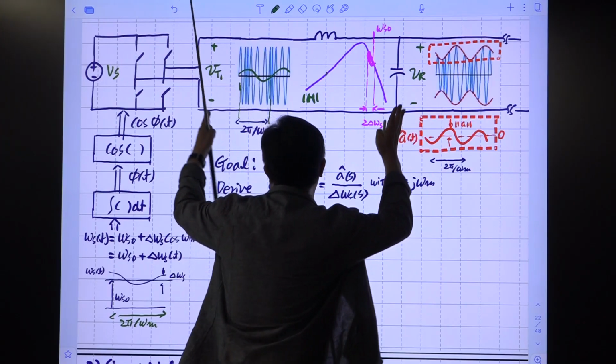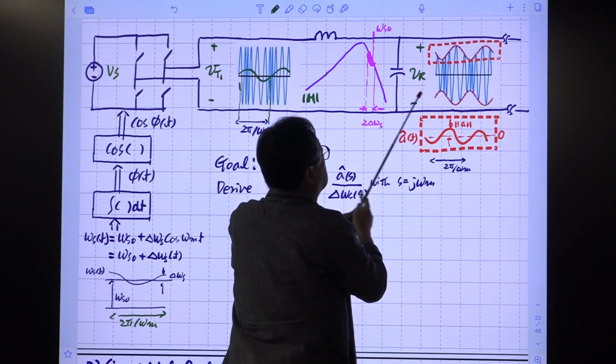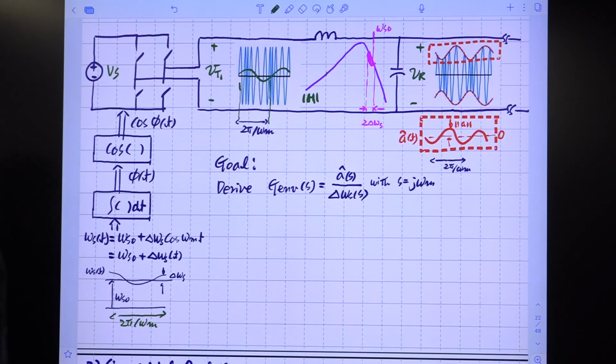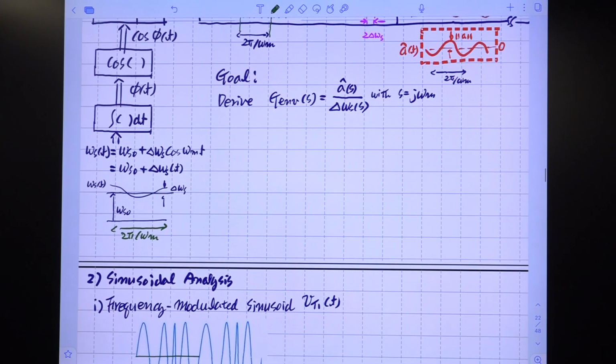If you squeeze this one, then this variation will also be squeezed. So depending on the modulation frequency, the gain characteristics will be different, all right? So our goal is somehow to evaluate this. The final goal is to find the transfer function of this, okay?